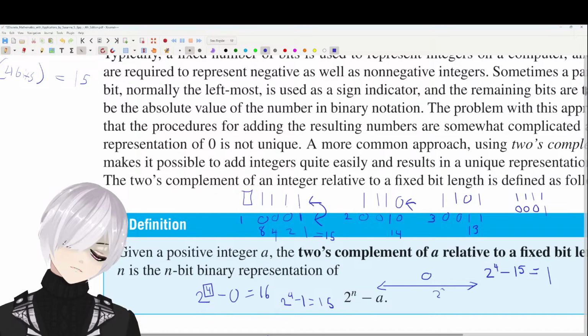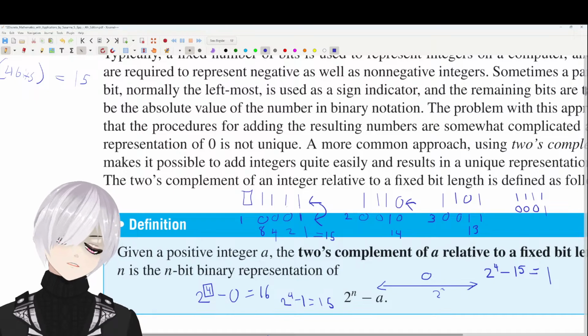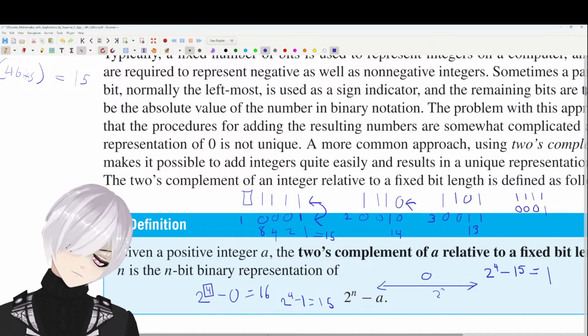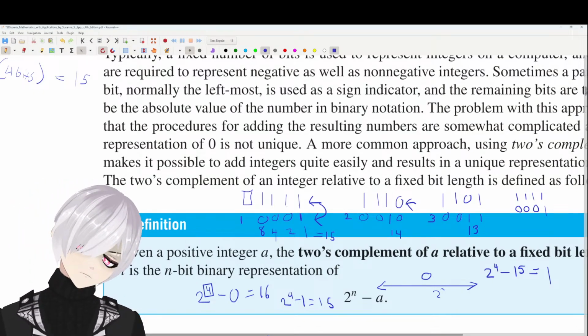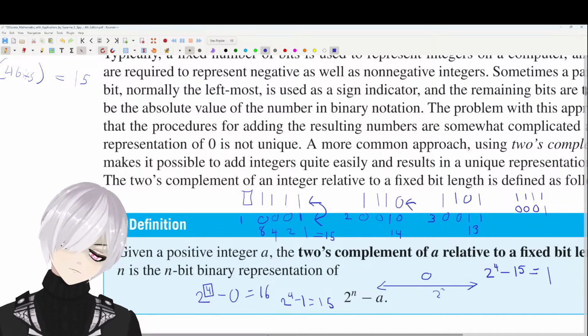Because you can add as many zeros at the beginning as you want, right? So you could represent 0 as 0, or also as 0, 0, or 0, 0, 0, depending on how many bits you have.